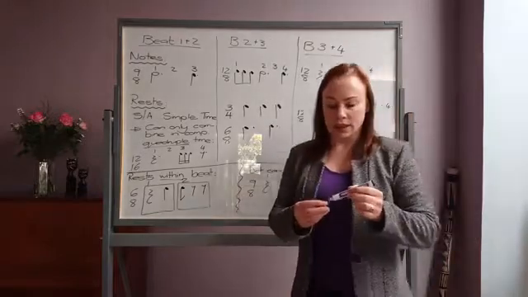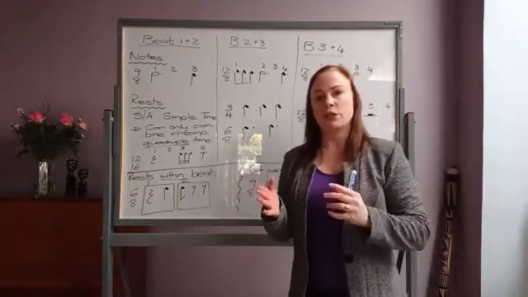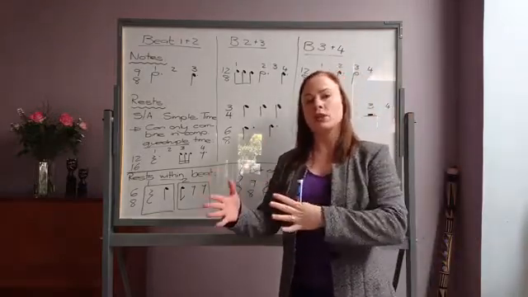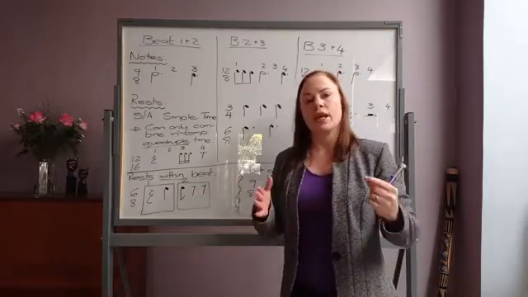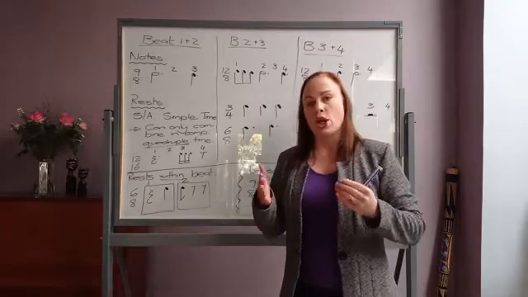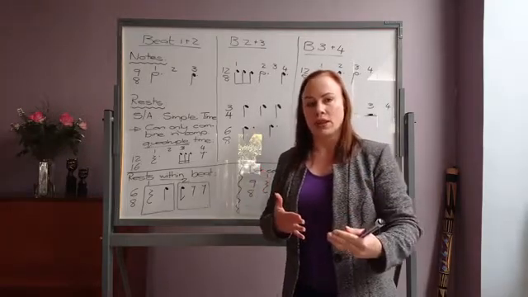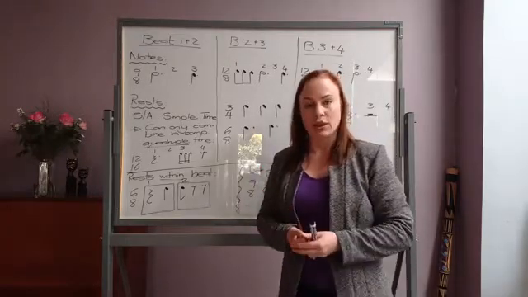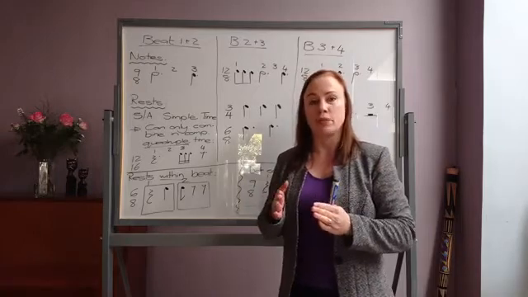So as you can see, the difference between our beats in simple time versus compound time is that in simple time it's a simple note value, whereas in compound time it's a dotted note value. That is the big difference.